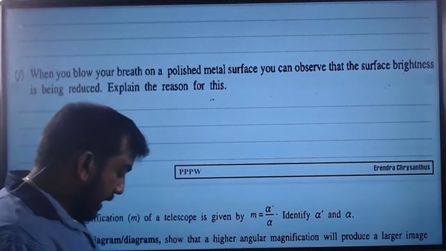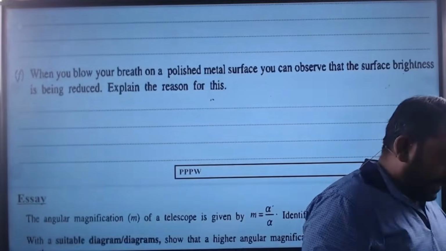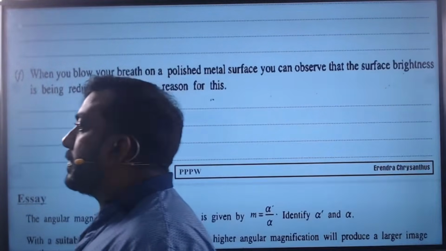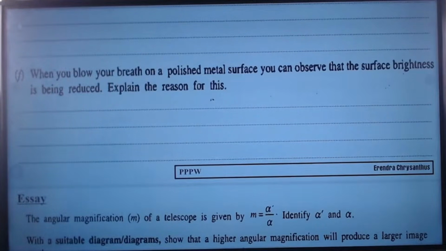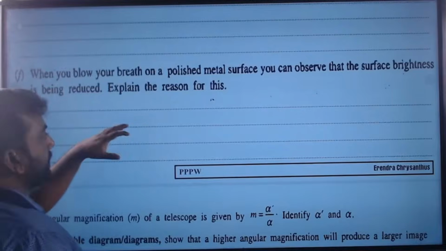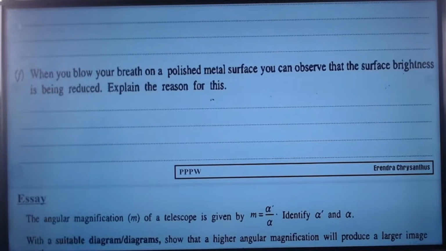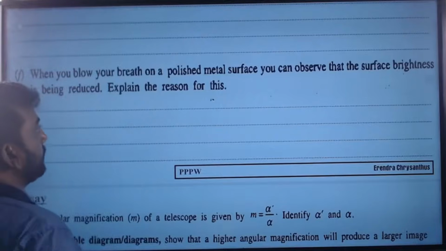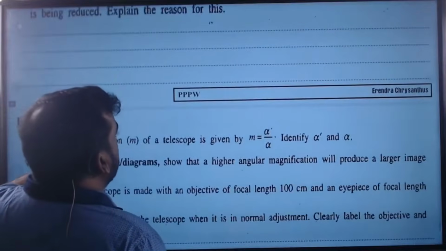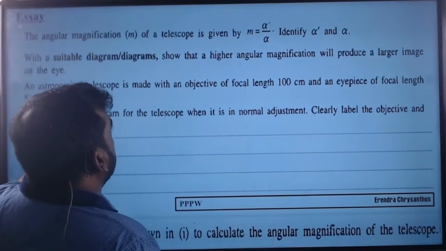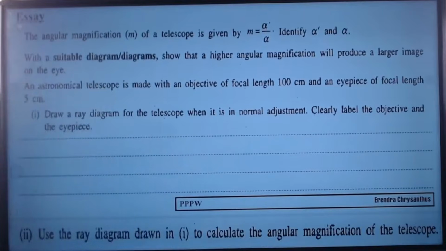When this water vapor touches a cold surface, sudden condensation will take place. Therefore, the brightness will reduce.